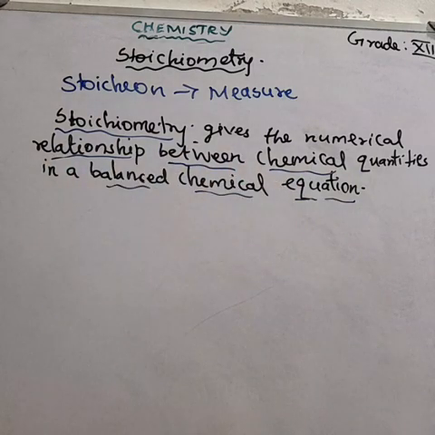By applying the concept of stoichiometry, we can calculate the amount of reactants required to prepare a specific amount of product. How many moles and how many grams of reactant are required to prepare a specific amount of product by using a balanced chemical equation.